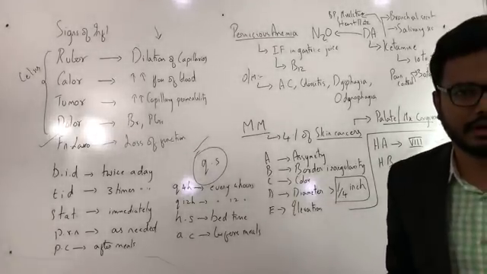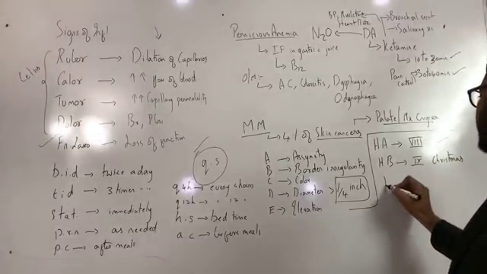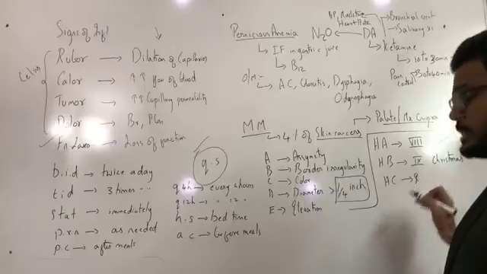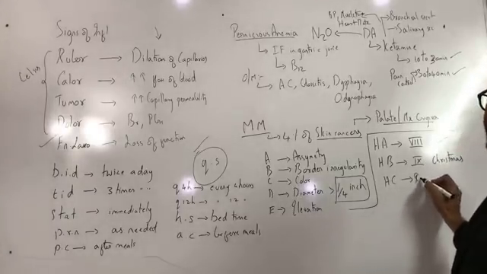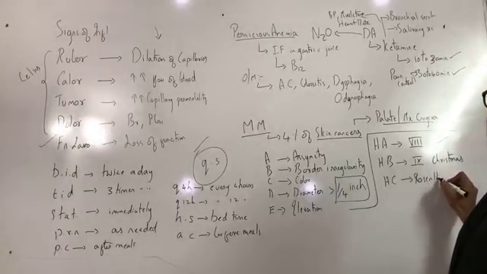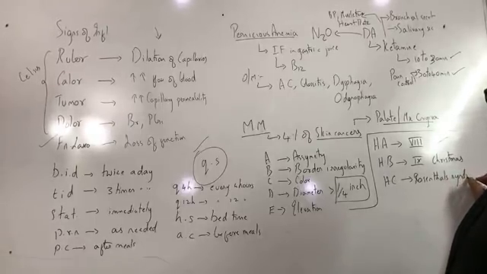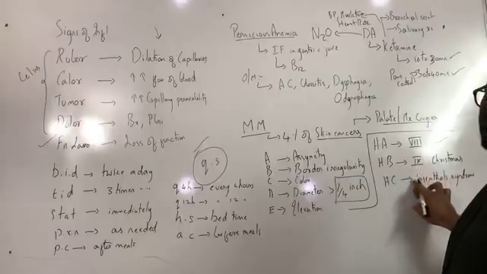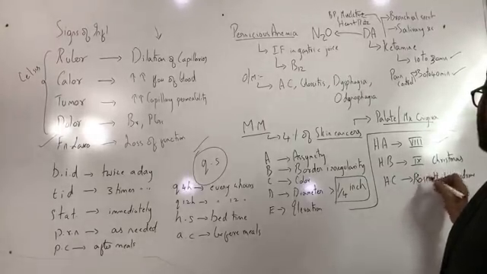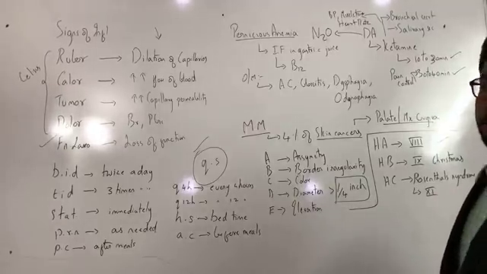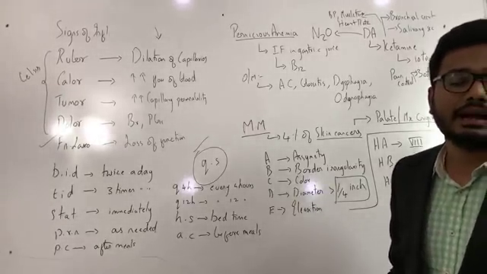thromboplastin component. And you have something called as hemophilia C, which is also called as Rosenthal's syndrome, due to deficiency of factor 11, which is plasma thromboplastin antecedent.